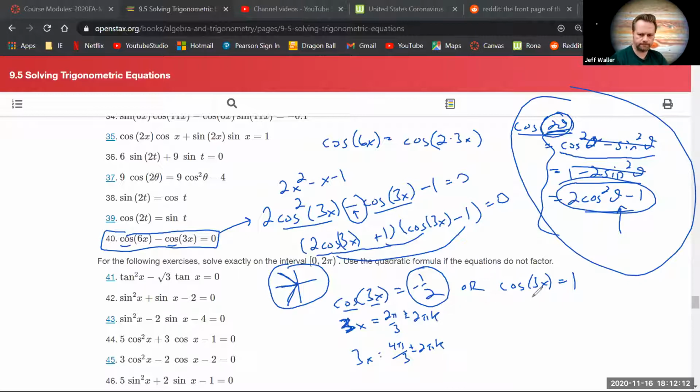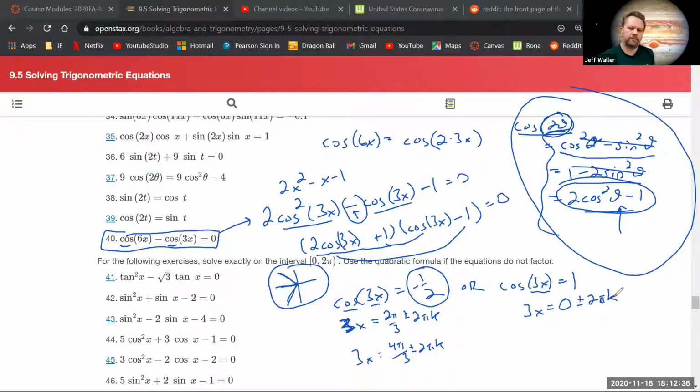And what angle makes cosine 1? 0 and pi. Pi makes it what? Oh, -1. So this would be 0 plus or minus 2 pi k.